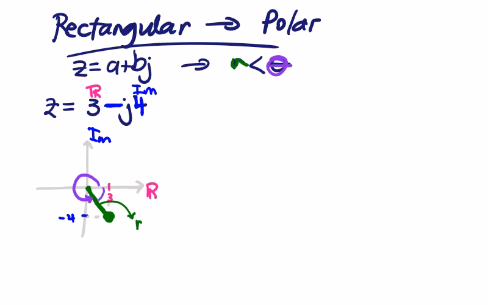But if we came this way here, we would have a smaller angle, less than 90 degrees, but a negative one because we're going clockwise.